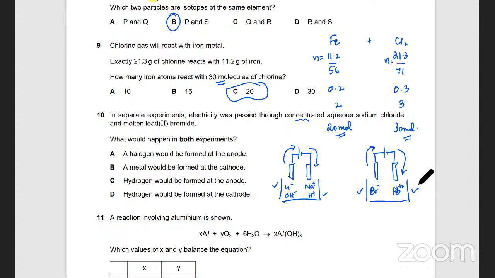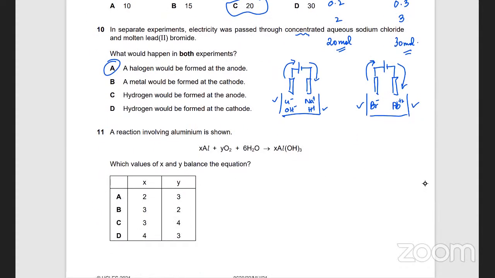I think it is, wait, cathode. Cathode is the one which is negative, which attracts the positive. At the cathode, sodium will not form. I think it's A. Yeah, it's A. In both cases, you're getting a halogen.